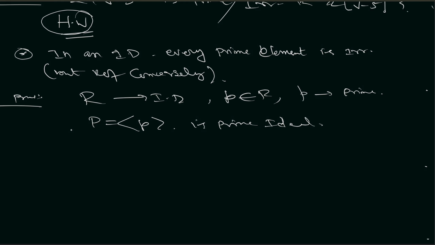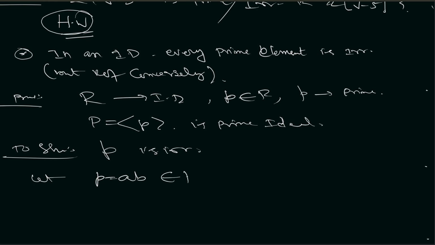To show p is irreducible. That means if you can write p equal to some a times b, then either a is a unit or b is a unit. So let p equal to a times b, which is in the ideal generated by p.